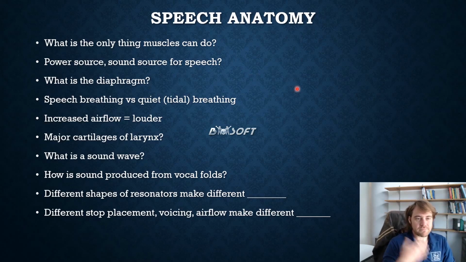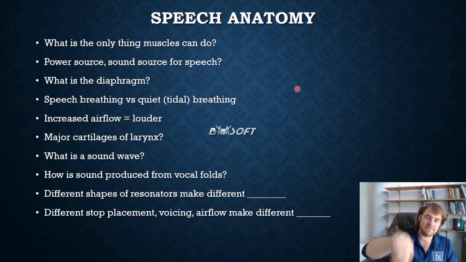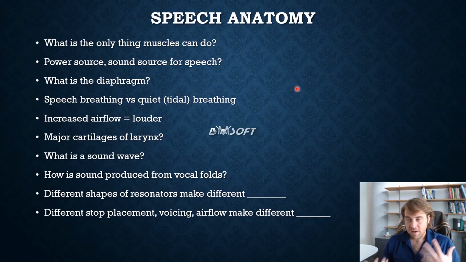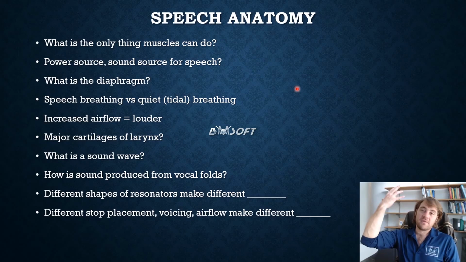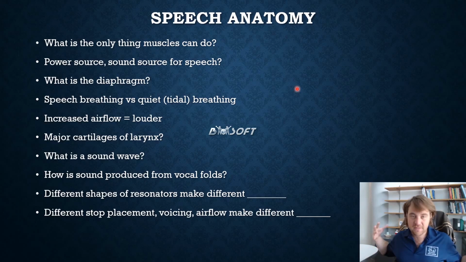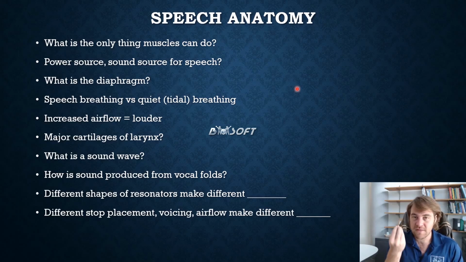All right. So what is the power source for speech? Breathing. And what is the sound source for speech? The vocal folds. You combine those, the power source, you take in a breath, and then you can force it out through your larynx between your vocal folds. So what you need is breath inside of your body that can be pushed through, and there's the power. And then when you vibrate the vocal folds, that creates the sound source.